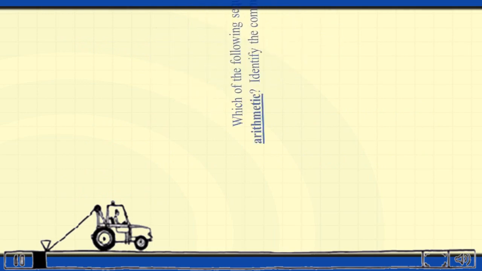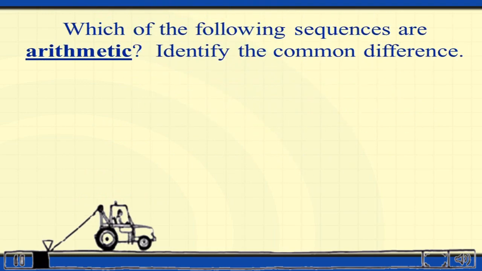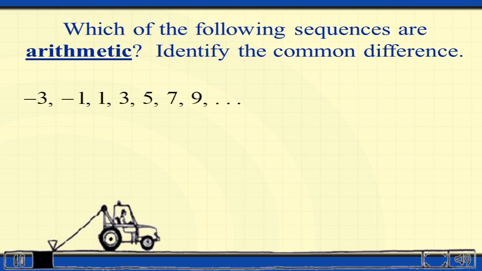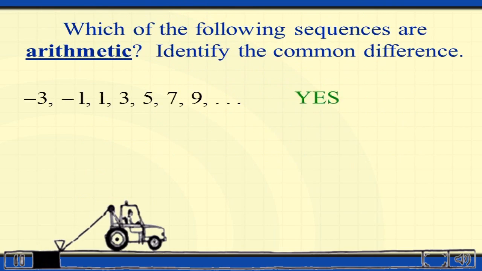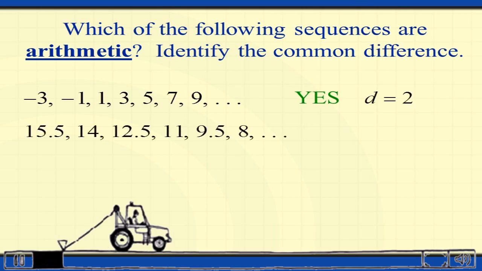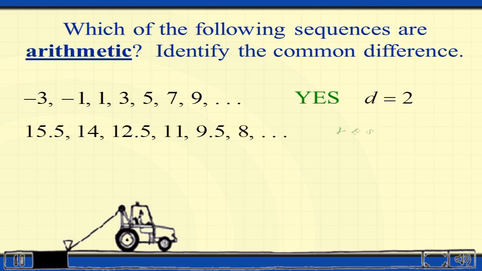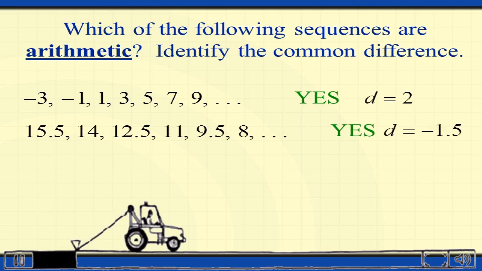Which of the following sequences are arithmetic? Identify the common difference. Yes. D equals 2. Yes. D equals minus 1.5.